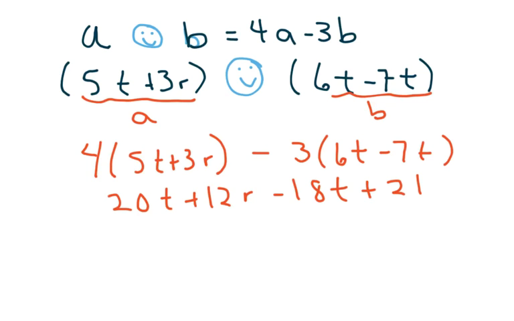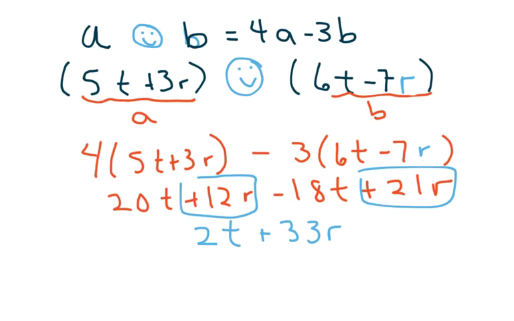Is it t or r? Alright, so this is r, this is r. Okay, combine like terms, and we're going to get 2t plus 33r. You add the r's together, and you add the t's together. You combine them.